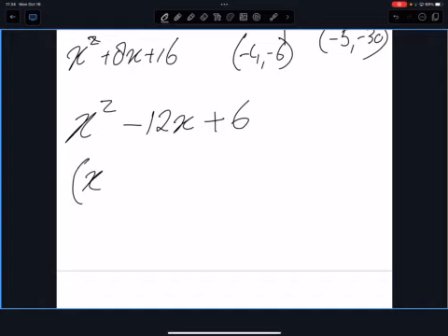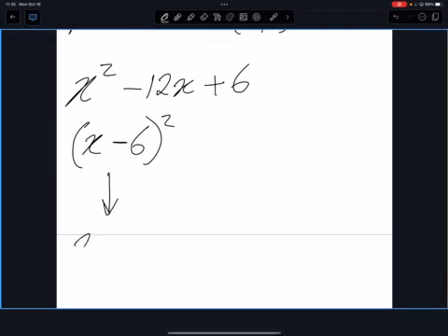Half of minus 12 is minus 6. Special product: I know that x minus 6 squared is x squared minus 12x plus 36.